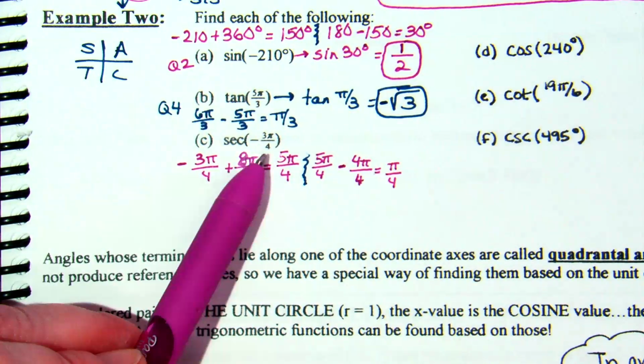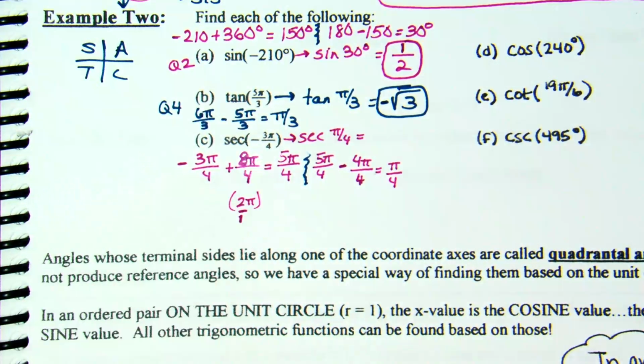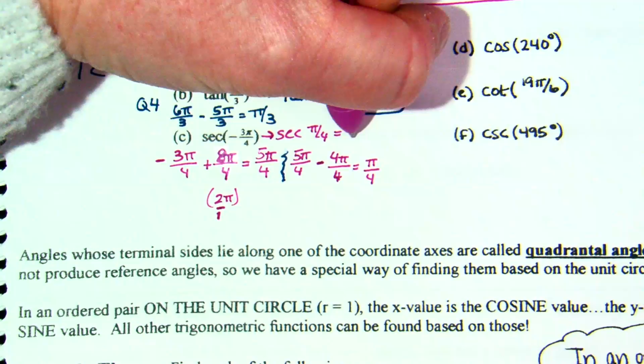So all of that to say, when we do this problem, it says secant of negative 3 pi over 4. So we can use our chart. We're going to think secant of pi over 4, correct? Secant is not one that I memorize as easily.